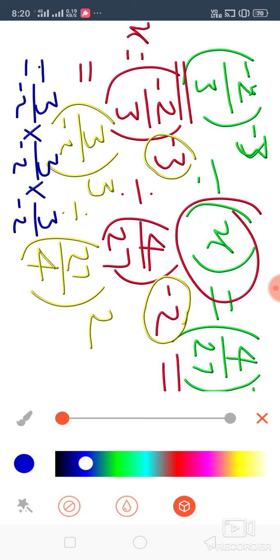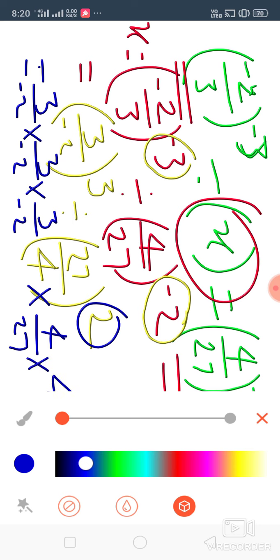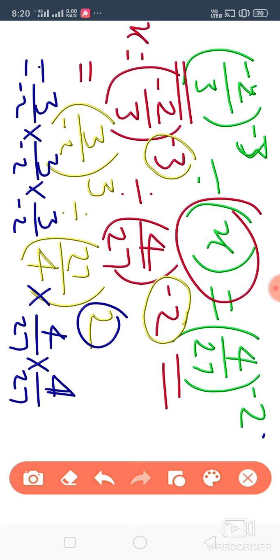Okay, now this division sign, if we change into multiplication, then this 4/27 will become its reciprocal. So 4 will go up, 27 below, and its power is 2. So we'll multiply 2 times 4/27.